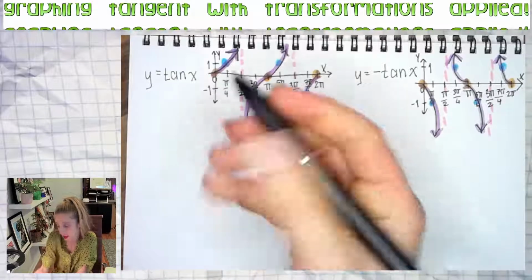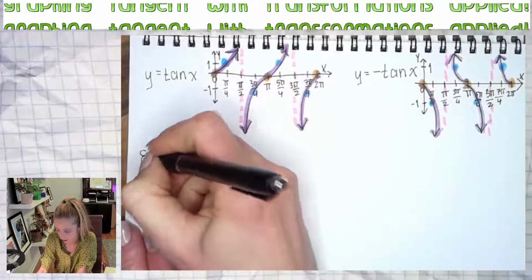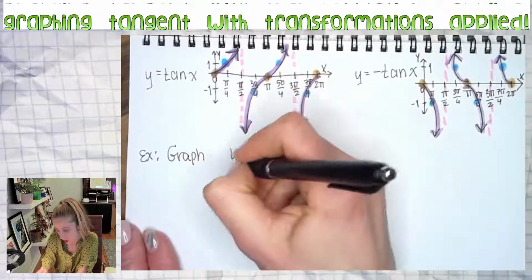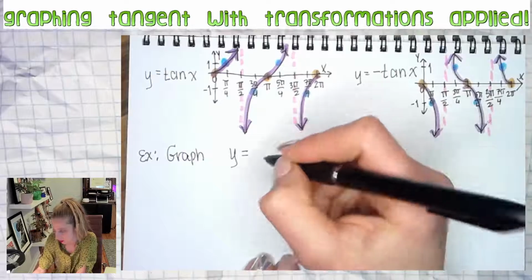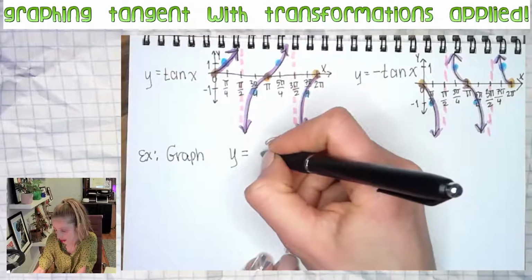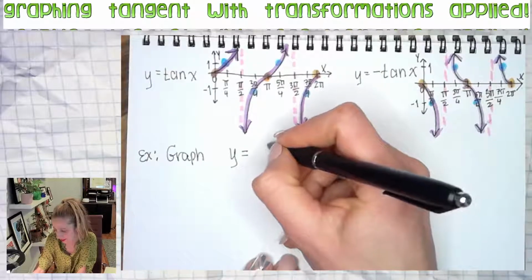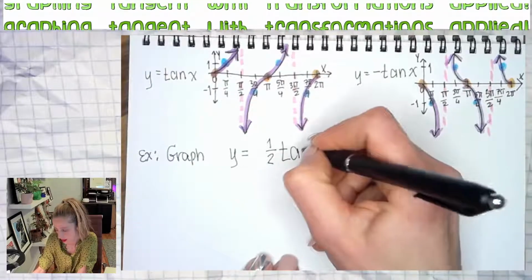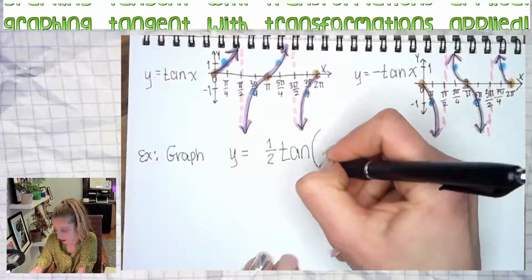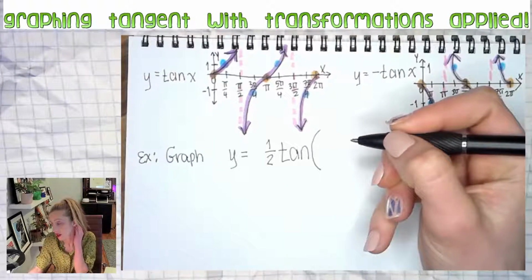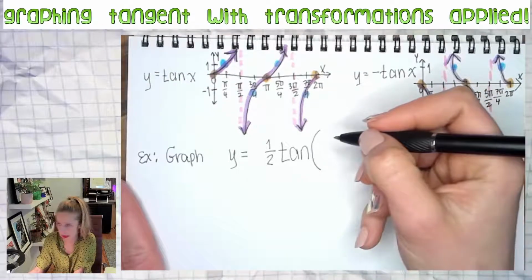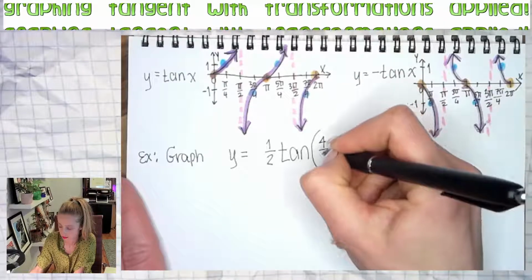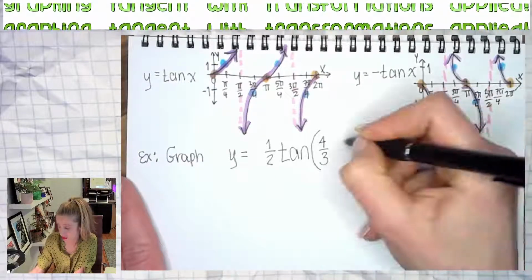So keep that in mind. All right, let's make up an example. Let's graph y equals 1/2 tan. Let's spice it up this time and do 4/3 for my b value.